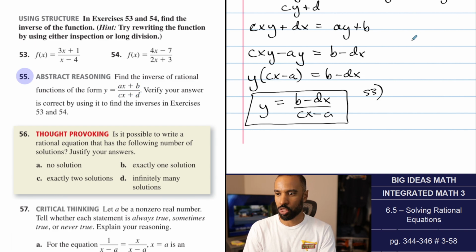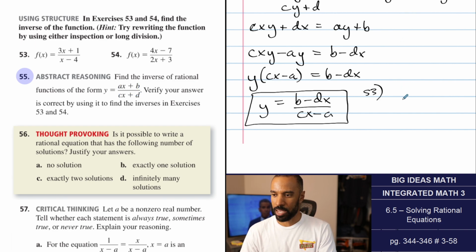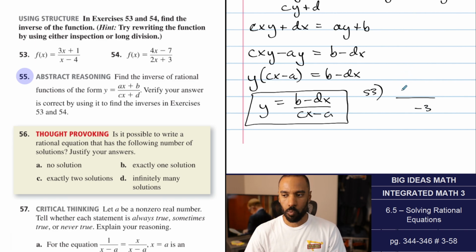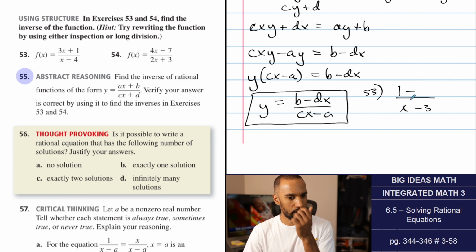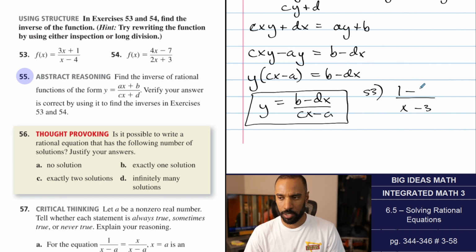Your b was 1. Your c was 1, and your d was -4. We're subtracting -4, which is plus, so plus 4x.